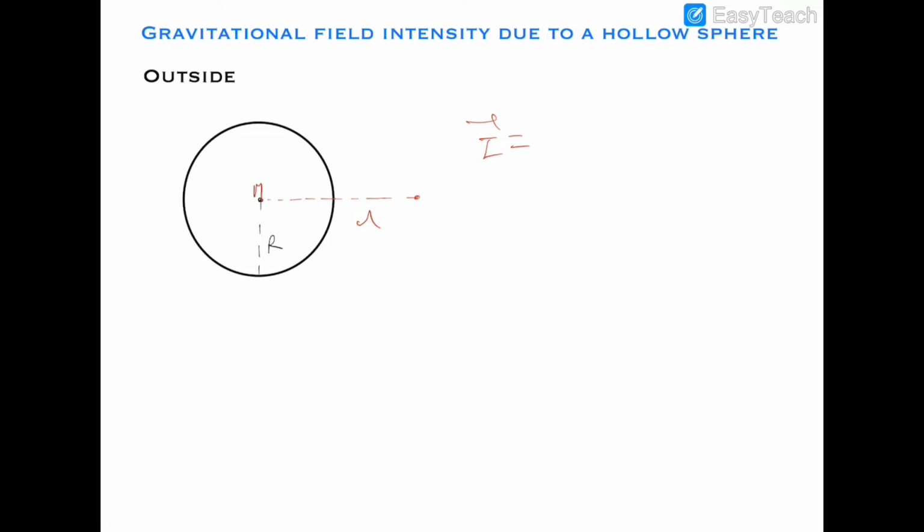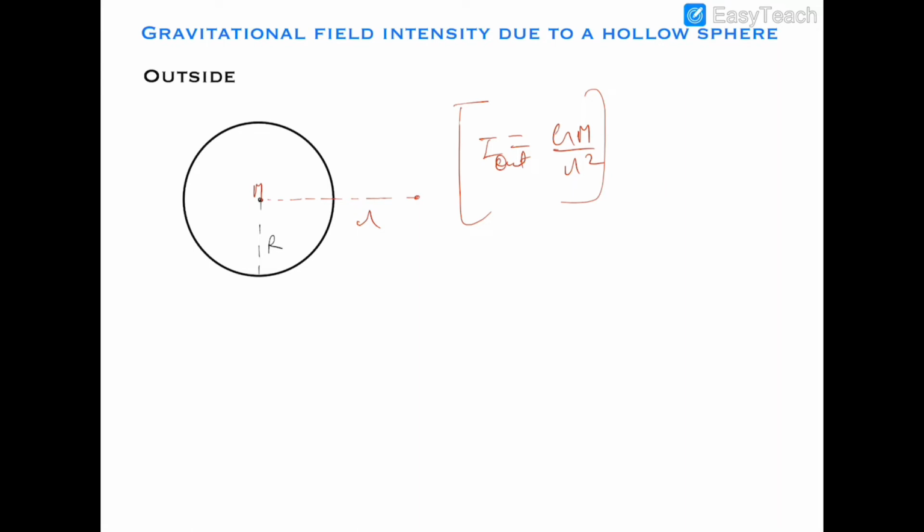So it would be Gm by r square. Outside this sphere, the gravitational field intensity is Gm by r square, and this can be deduced by imagining the complete mass to be concentrated at the center of the sphere.